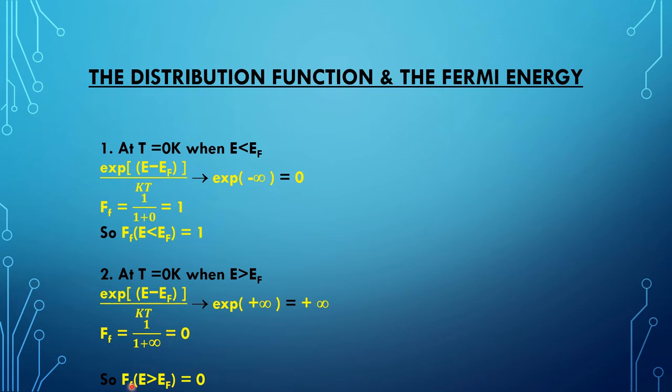So Fermi distribution function when electron energy is greater than Ef, we get the 0 value.